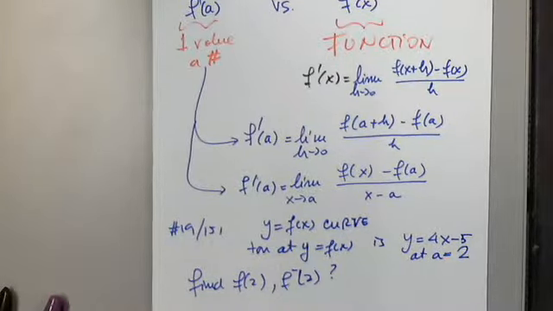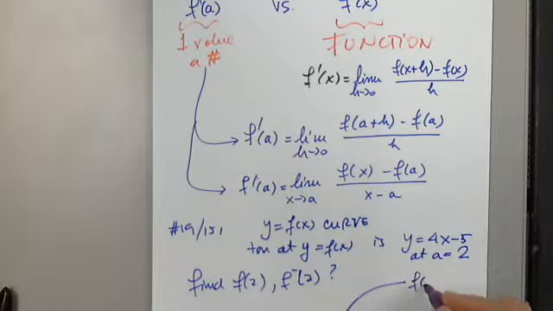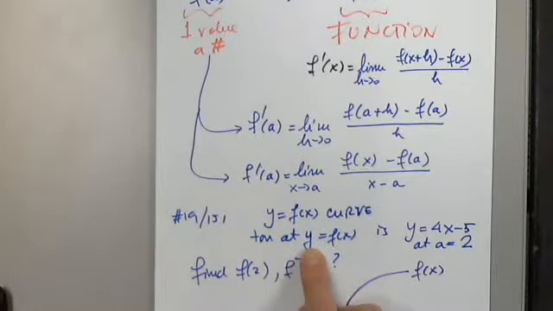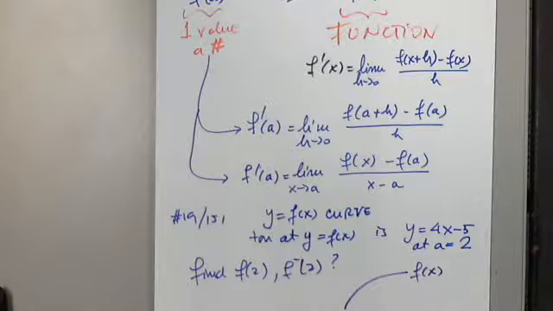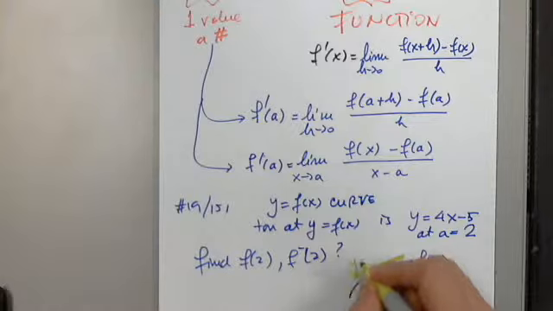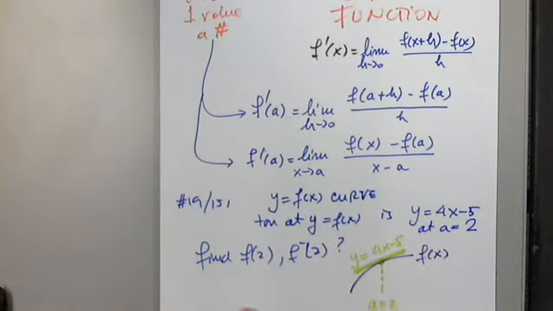So one more time. We have a function. So I'm going to graph a function. This is f of x. Then the tangent to this function at a equals 2. The tangent at this point, here it is, has the equation y equals 4x minus 5.